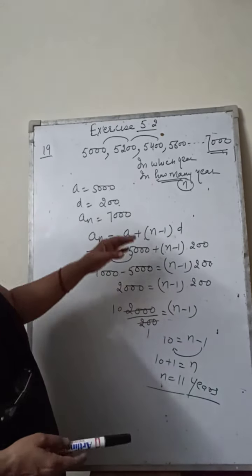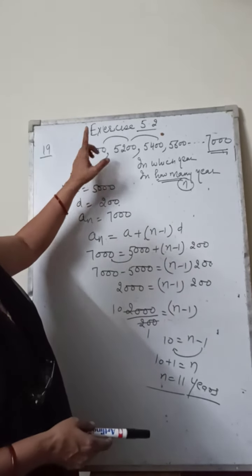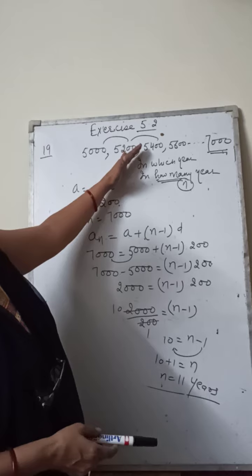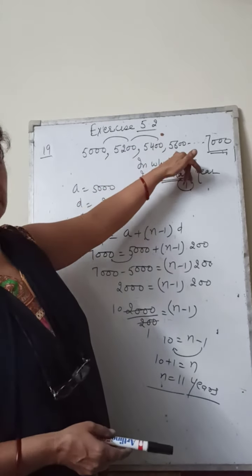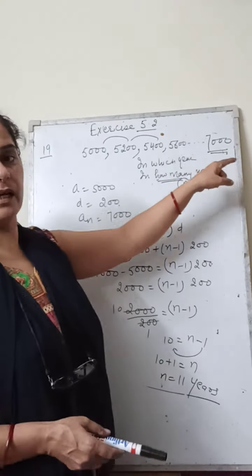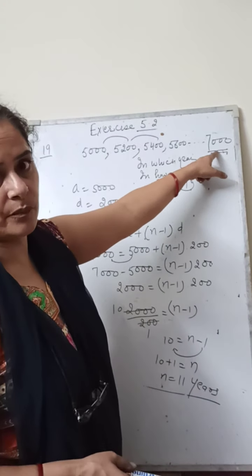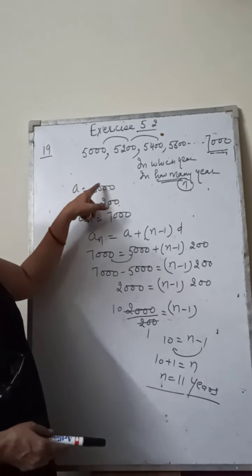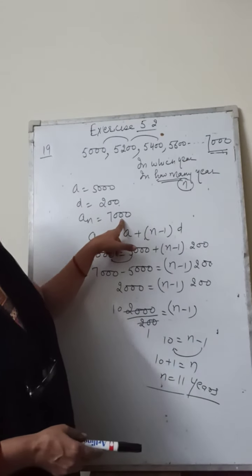So again I am explaining to you. He starts his income with 5,000. Every year 200 rupees are increased. So next year he will be getting 5,200. Next year 5,400. Next year 5,600. And we have to tell in how many years he will be getting 7,000. How many means we will find n. A is 5,000. D is 200. An is 7,000.